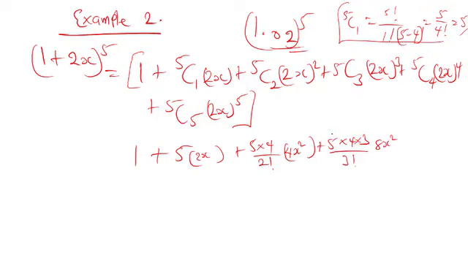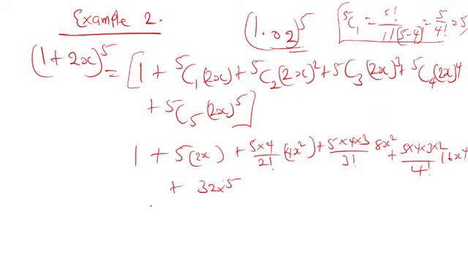Now with this, since we've gotten up to this point, then we now have plus 5 times 4 times 3 times 2 over 4 factorial. We have 16x raised to the power 4, then plus 32 raised to the power 5.